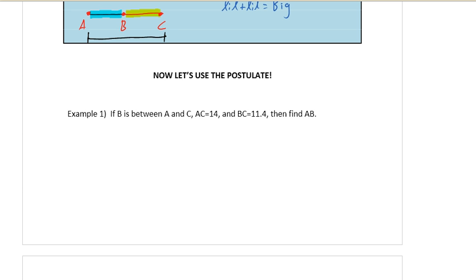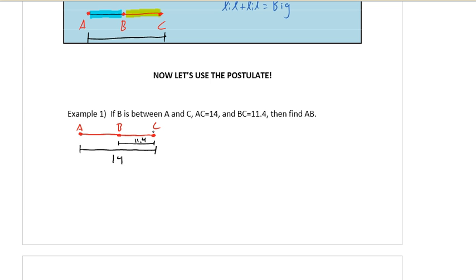In example 1, if B is between A and C, okay, so give yourself a picture. It's much easier when you take the time to draw a picture. So we have B is here, we have A, we have C, okay, on this line segment. If B is between A and C, AC is 14, so this entire length is 14. BC is 11.4, so from here to there is 11.4.